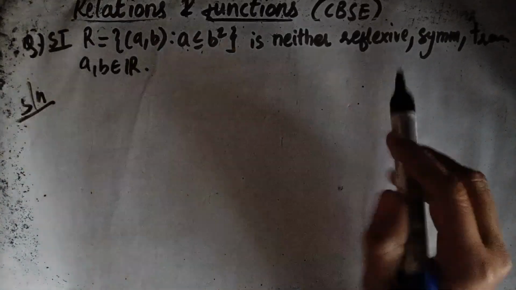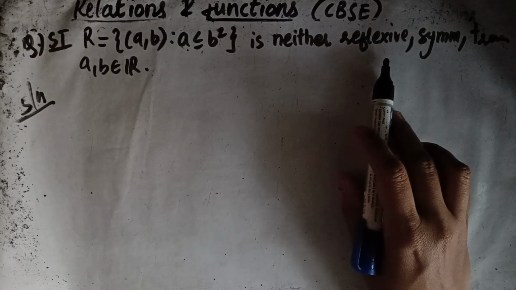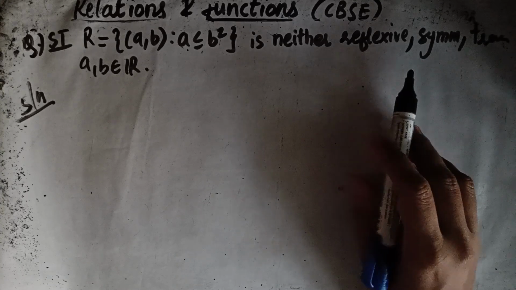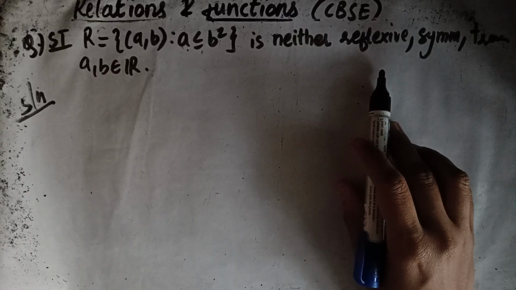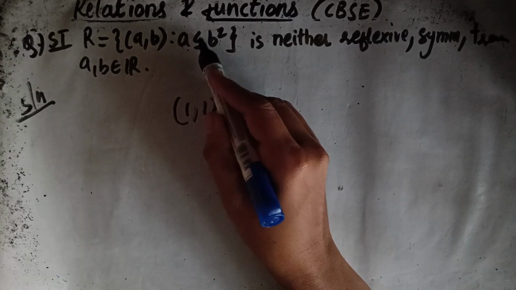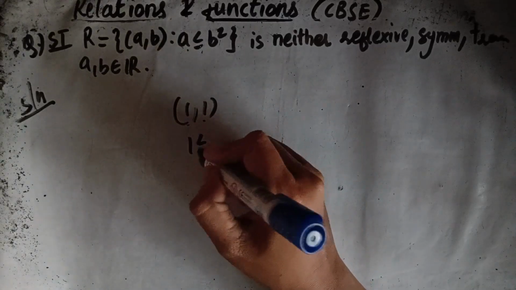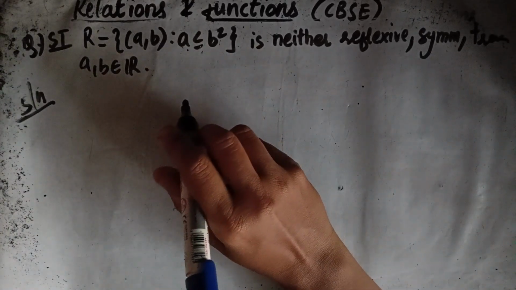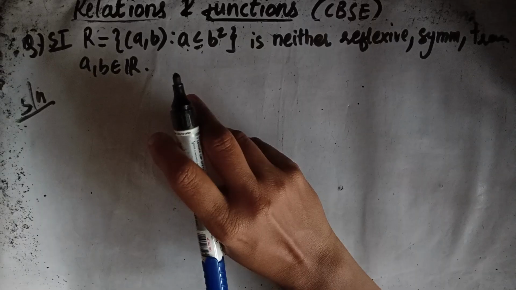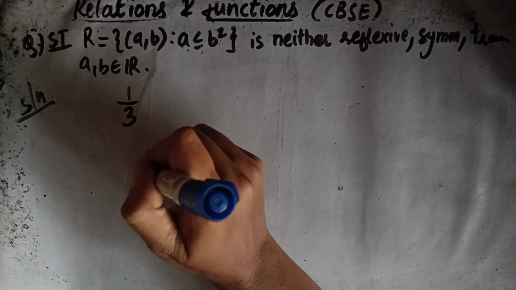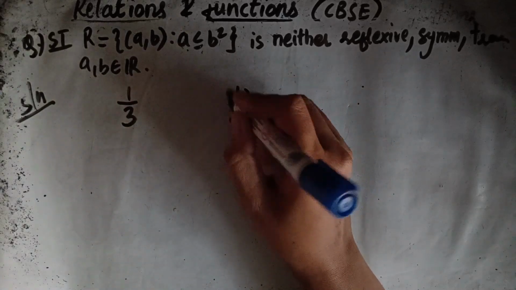So for proving it is not reflexive, you have to take one element. If you take a number from natural numbers, say (1, 1), here it is given less than or equal to, so the equal to condition is fulfilled. If you take a rational number, say 1 by 3, what is the square of 1 by 3?